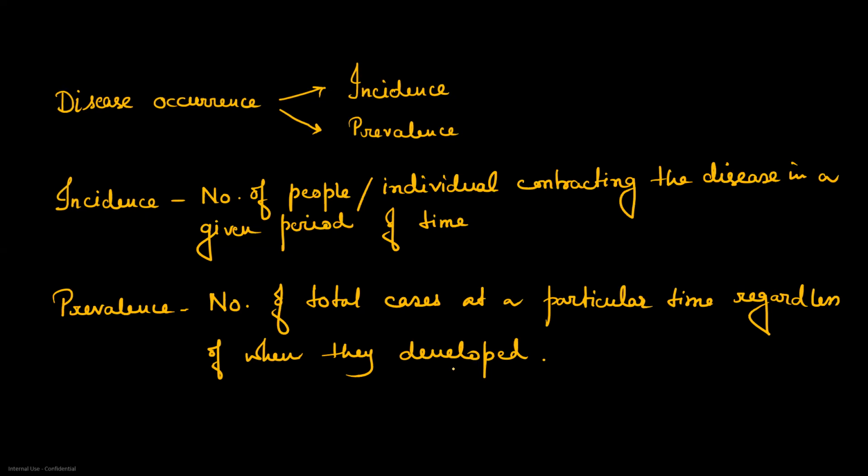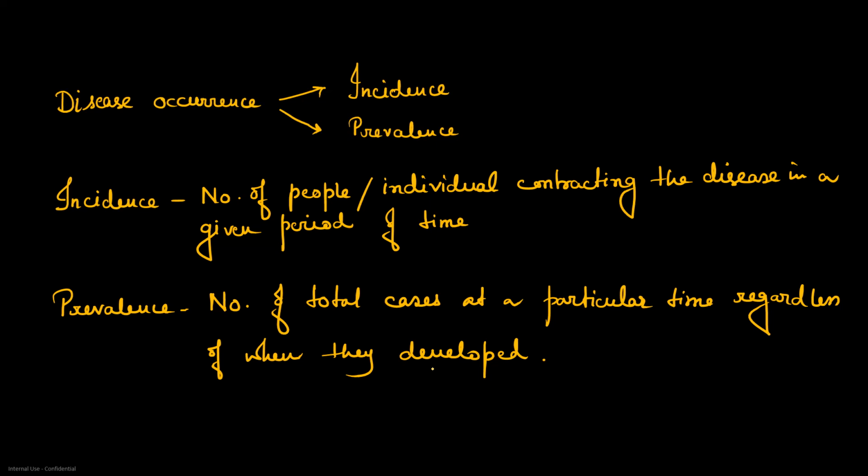It is not concerned with when the disease has actually developed, but it is only concerned with the number of cases at a particular time. The total number of cases at a particular time.